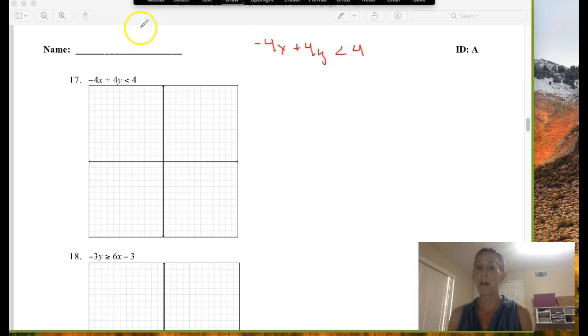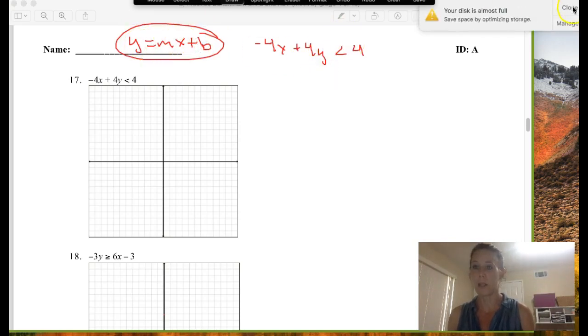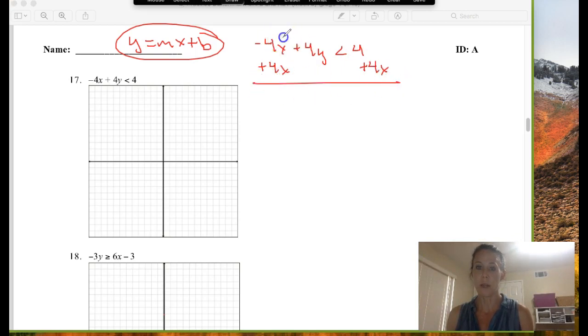So I'm going to get everything over, so slope-intercept form would look like this, y equals mx plus b. Okay. And that would be for an equation. For an inequality, it's the same form, except for we have an inequality sign. So we're going to add 4x to this side, and then we're going to have 4y is less than 4x plus 4.